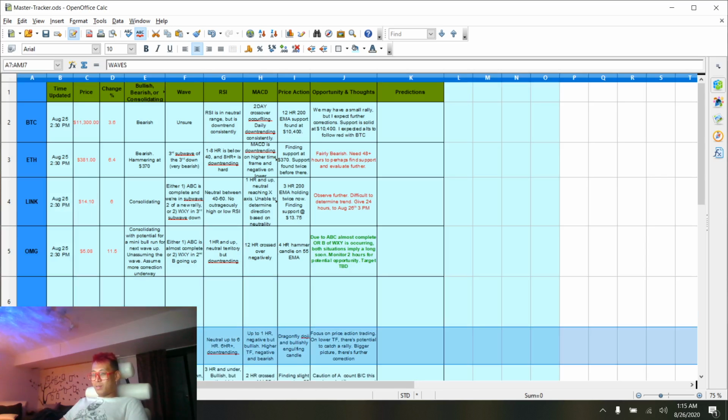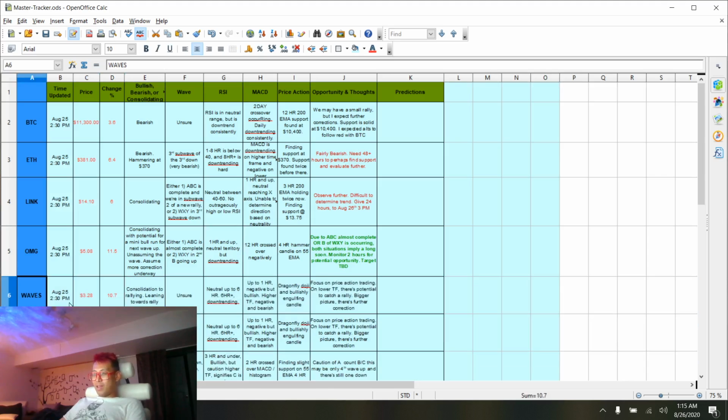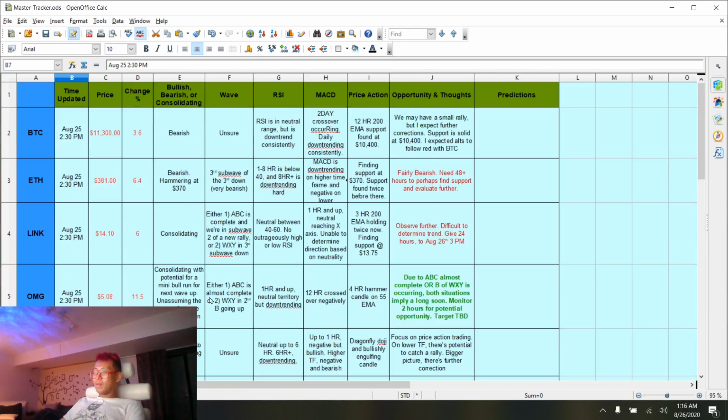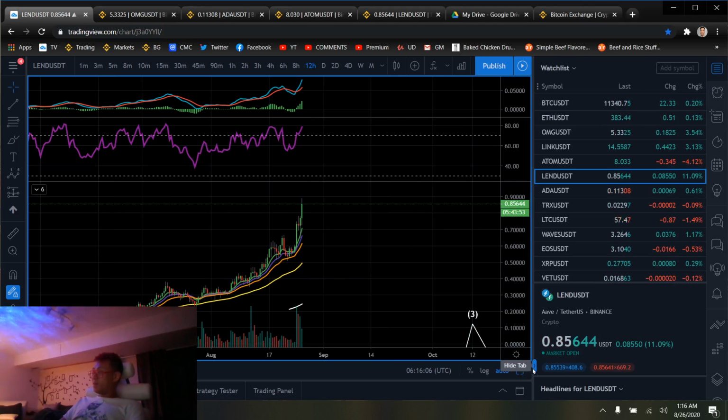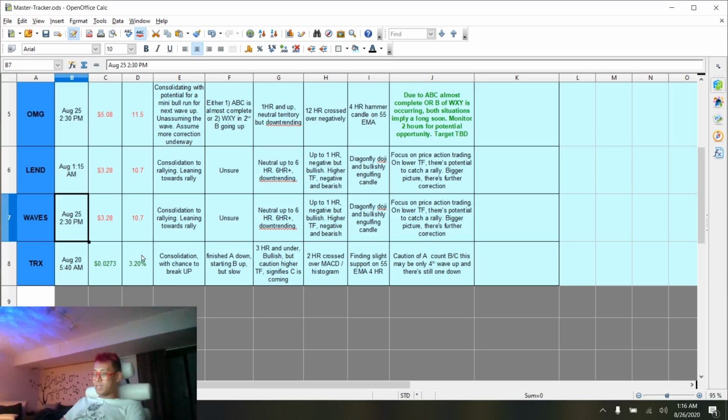Insert rows. Okay, you just got promoted there, then. So we updated this August, 1:15 a.m. Okay, now let's update this. So Lend, 11.9 and 85.6 cents.